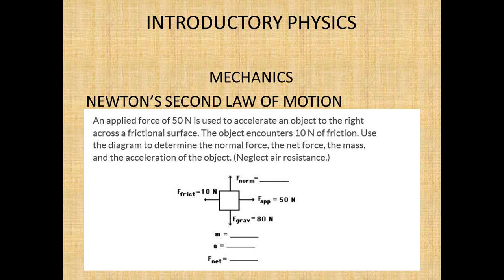So it's moving to the right, and the frictional force is in the opposite direction, to the left. Use the diagram to determine the normal force, the net force, the mass, and the acceleration of the object. So that's the question. Let's analyze what's going on.